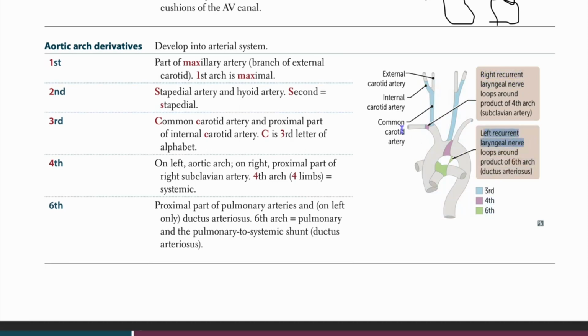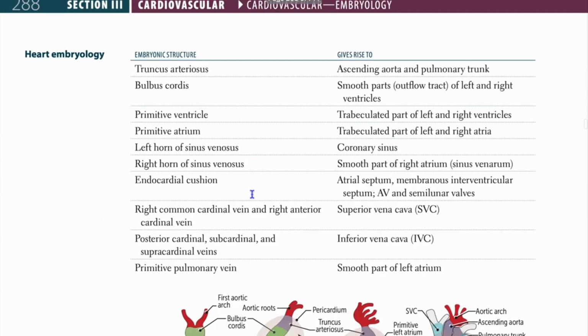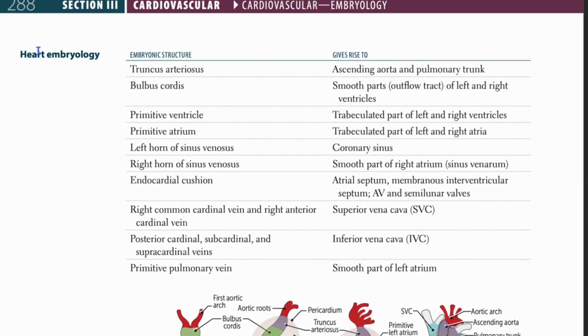That's easy to remember because it's right and left. And it's laryngeal loops around the product of sixth. That's the important one. Okay, ductus arteriosus. Okay, and this would be the arch by the fourth. Right, on the left, it makes the aortic arch. Cool.